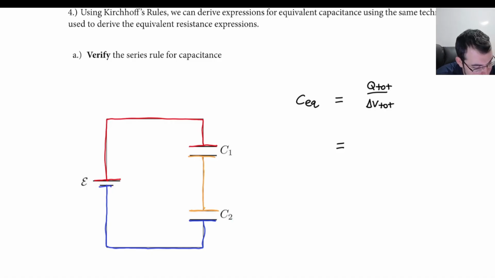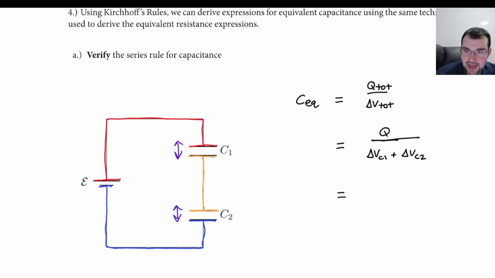We're going to say the Q on C1 is the same as the Q on C2, which is Q. And then what is the total voltage drop? Well, I'm dropping some volts here, and I'm dropping some volts here. So we actually have two voltage drops that are contributing to our total. So we can write this as the delta V across C1 plus the delta V across C2.